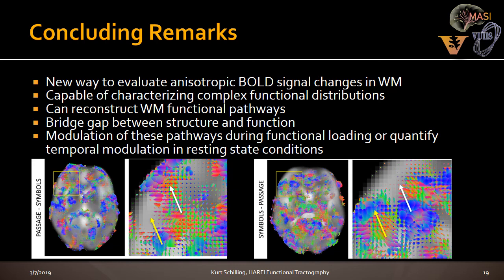We've briefly explored this and we'll be presenting our work at ISMRM this year, where we look at the difference, or really directional differences, in HARFI signals when we compare two different loading conditions. And we found not only very unique spatial patterns, but very unique directional patterns.